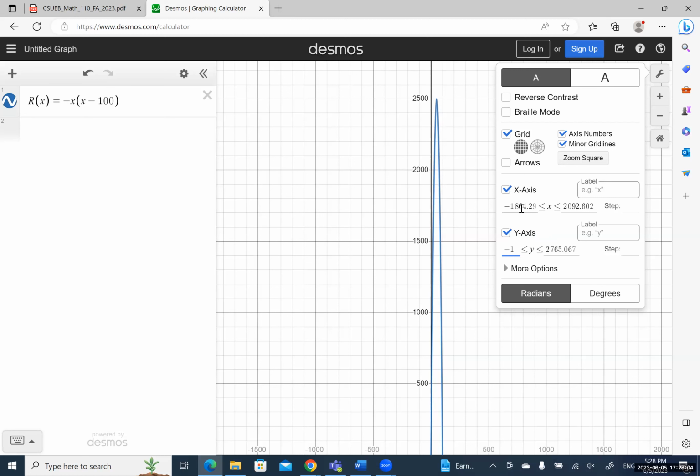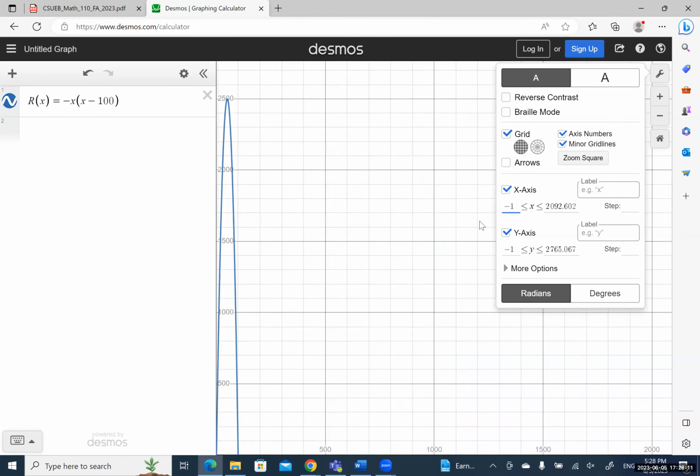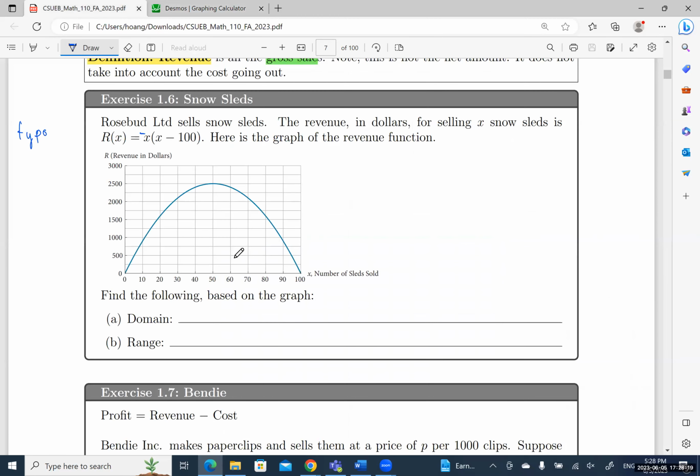That looks good. For the x value, I may have to change it. I may start from -1, but I need to take a look at the values.